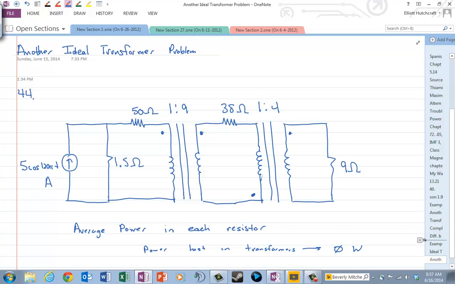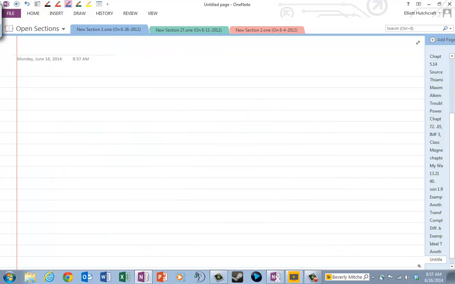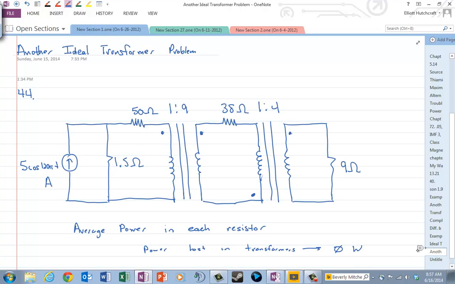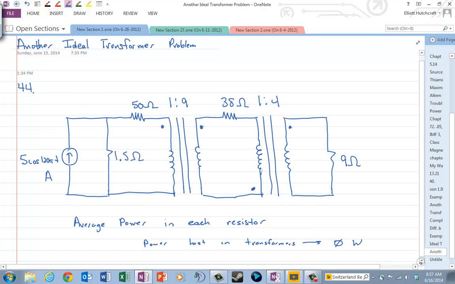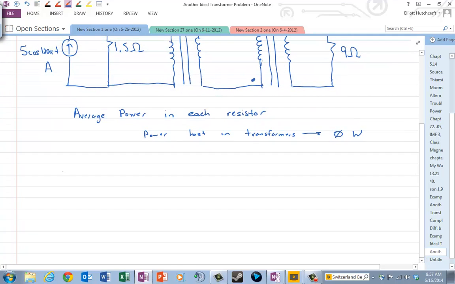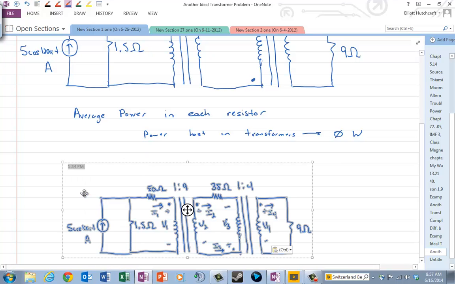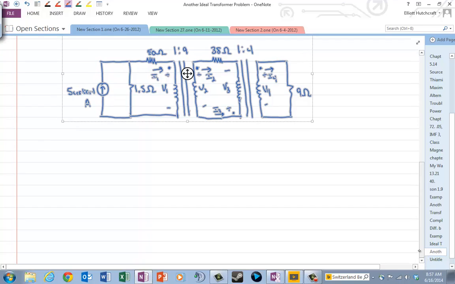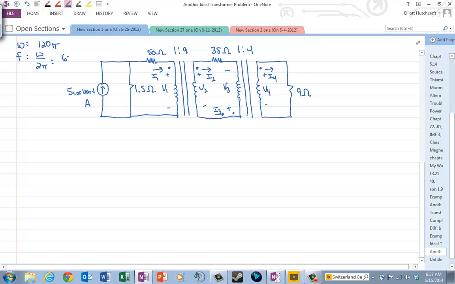I guess the first thing we should do is take this circuit and convert it to the time domain. So I'm going to paste this back in here. And since we had 5 cosine 120 pi t, omega was 120 pi, which gives f, which is omega over 2 pi, is 60.